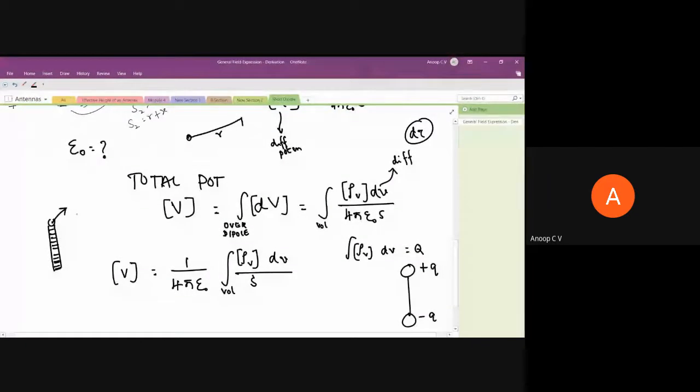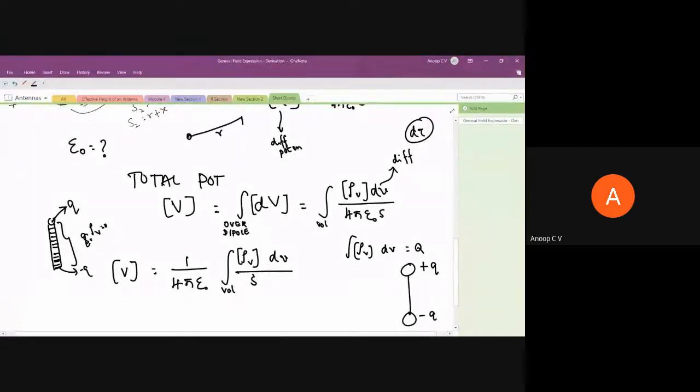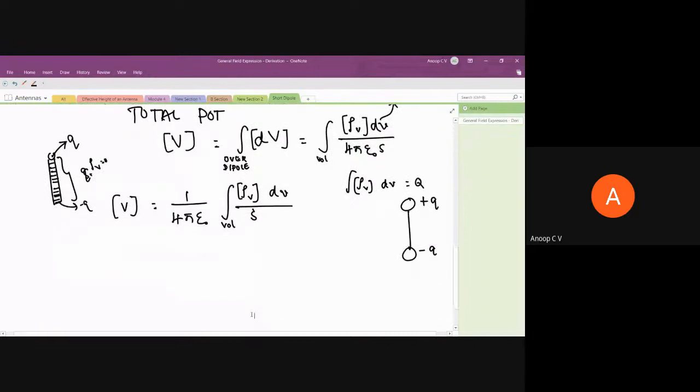There is a charge plus Q here and a charge minus Q here, and in between, rho v will be equal to 0. This is one confusing part. In your textbook, they have done this much, and then they write it as 1 by 4 pi epsilon naught into Q by S1 minus Q by S2. That is the point where students will get confused, so I would like to make it clear.